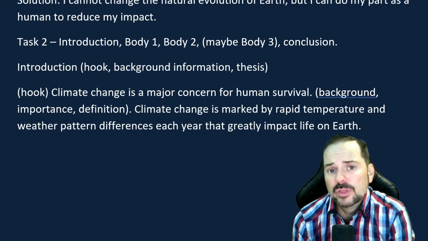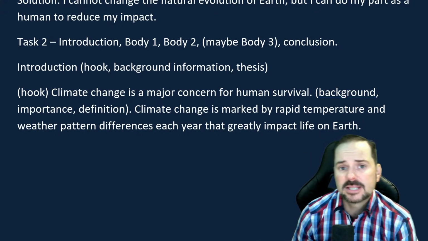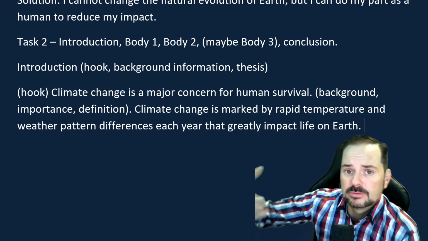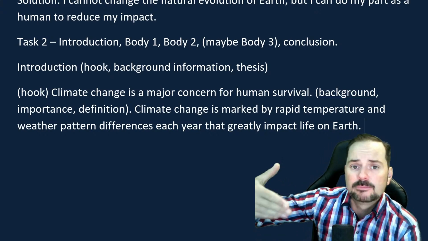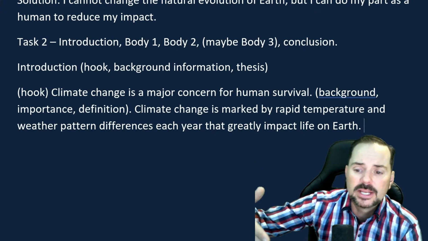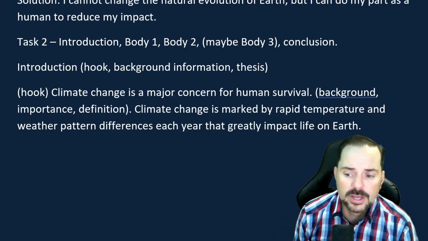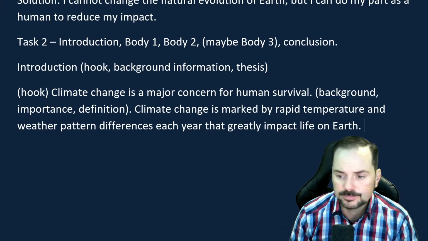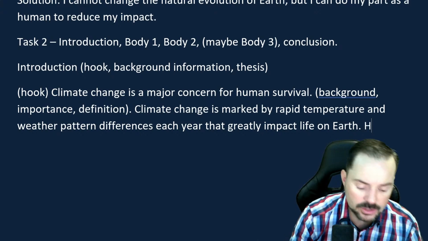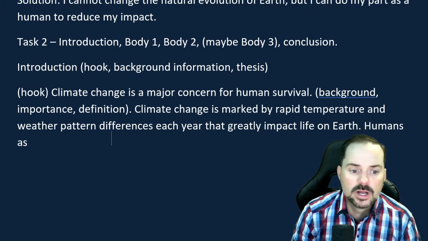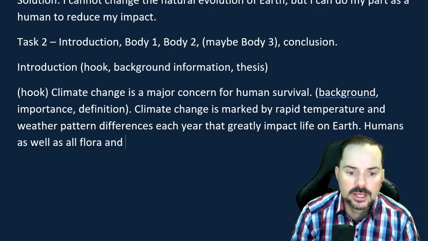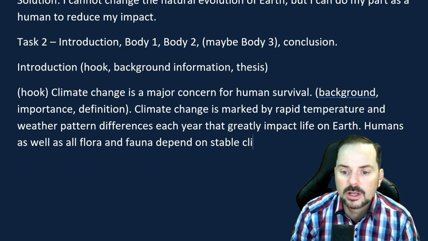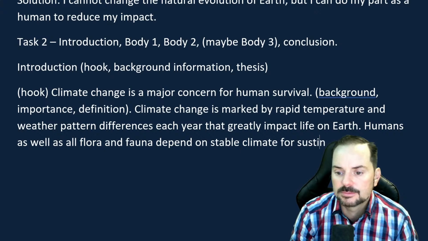Okay. All right. And then if I really want to, I can write a little bit more about the importance. I might not do that, especially in the computer-based exam, because there I would take more time to review my essay, and I already have the importance in my hook, so I might not include that here. But if I really wanted to, I could write another sentence, something like: humans as well as all flora and fauna depend on stable climate for sustenance.